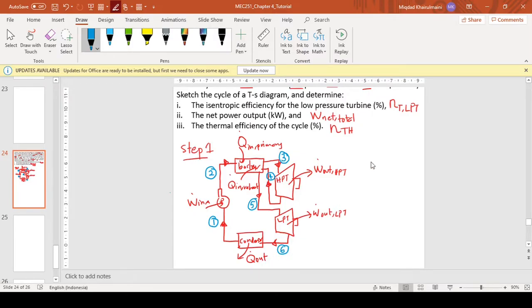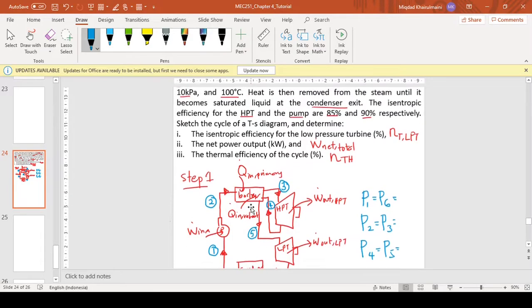So it is key to know that the pressure for state 1 and the pressure for state 6 are the same. The pressure for state 2 and the pressure for state 3 are the same. And the pressure for state 4 and state 5 are the same. So based on the values in the question, the lowest pressure, which is at state 1 and state 6, is 10 kilopascal.